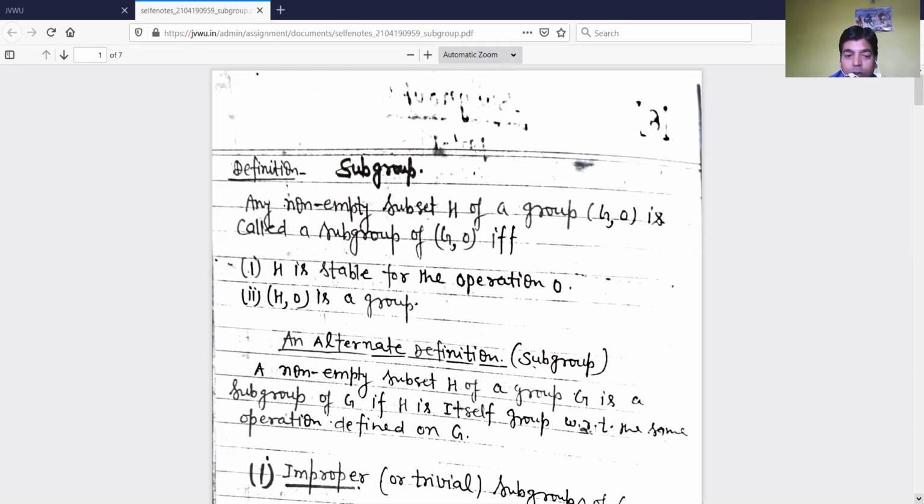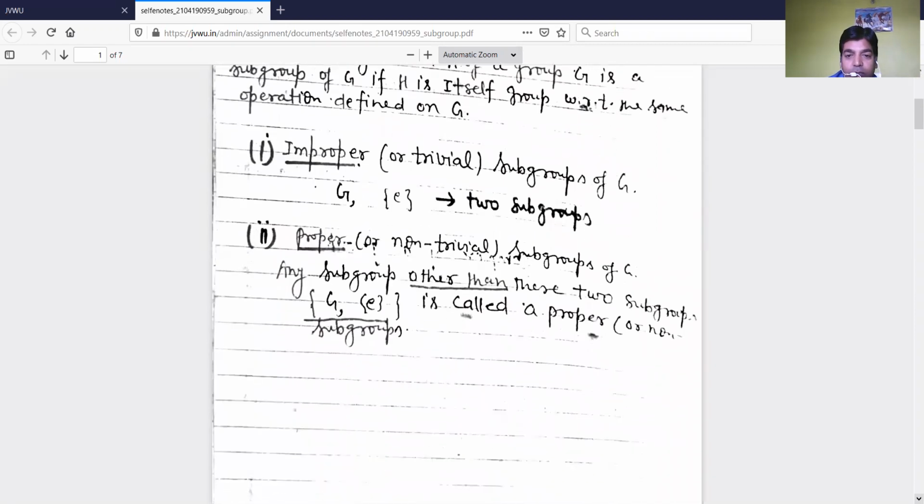Now we will talk about what is the improper or trivial subgroup of G and what is the meaning of proper or non-trivial subgroup of G. The subgroups of G are G itself and the set which contains only the identity element, E. These two subgroups are called the improper subgroups, and any subgroup other than these two, that is G and E, is called a proper or non-trivial subgroup.